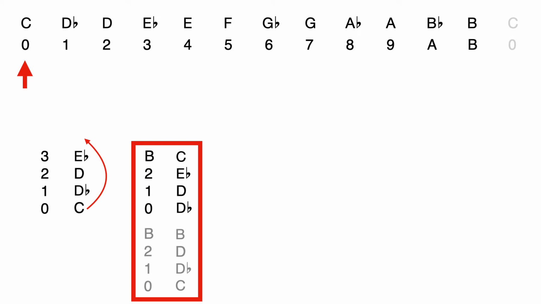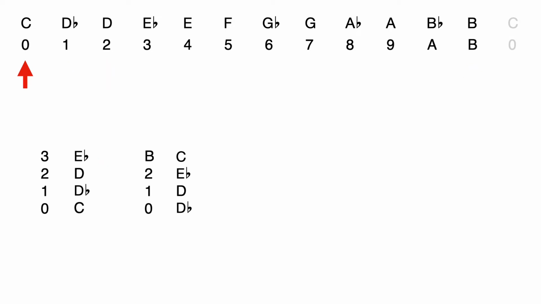So this 0, 1, 2, B is the same harmonic structure. It's just transposed to a different note. So it turns out that this 0, 1, 2, B is the first inversion of 0, 1, 2, 3.